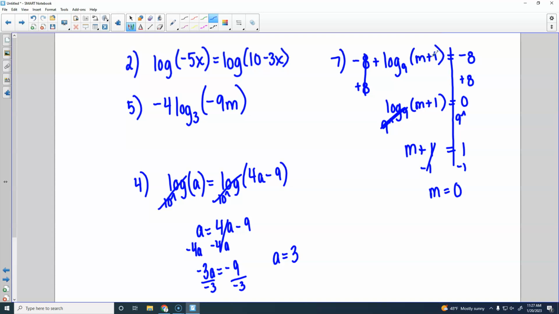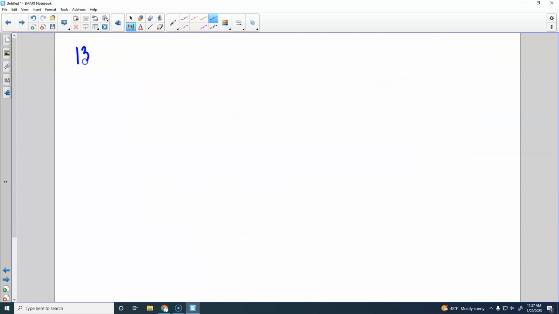They're similar to those questions you guys were solving for me on that other worksheet that we did Wednesday. Let's look at number 13, because that's when things start to get different. We got log x minus log 6 equals log 15.